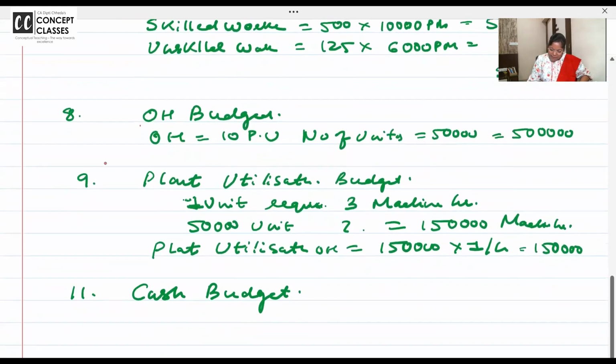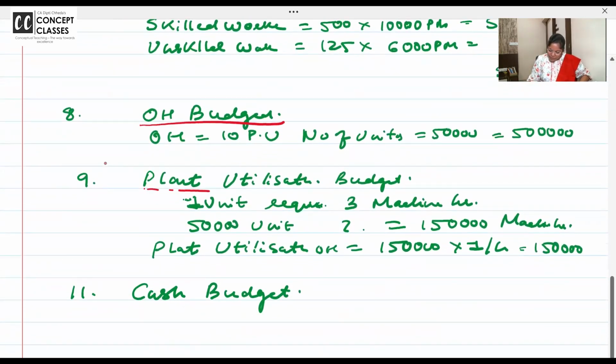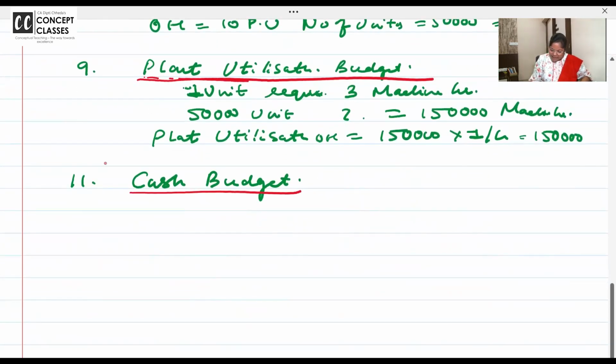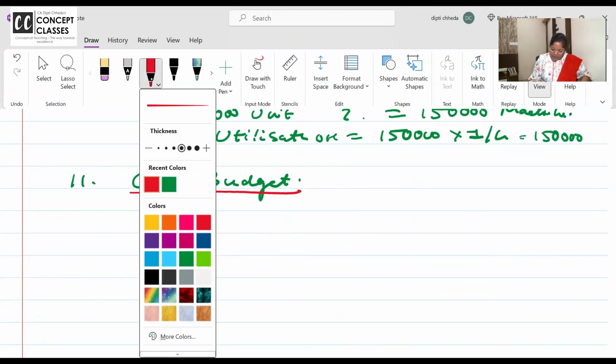Next is overhead budget per unit. Plant utilization may be there or may not be there. And last one is the cash budget.